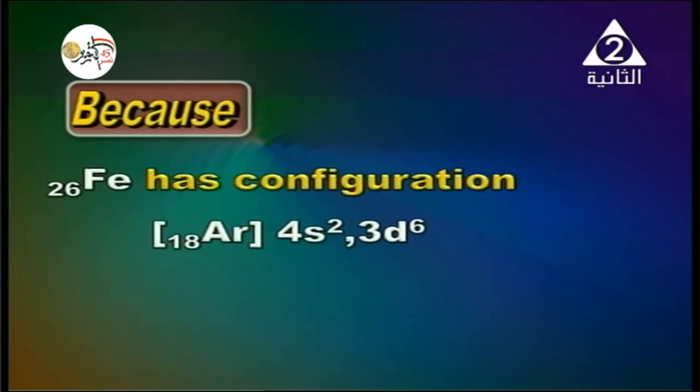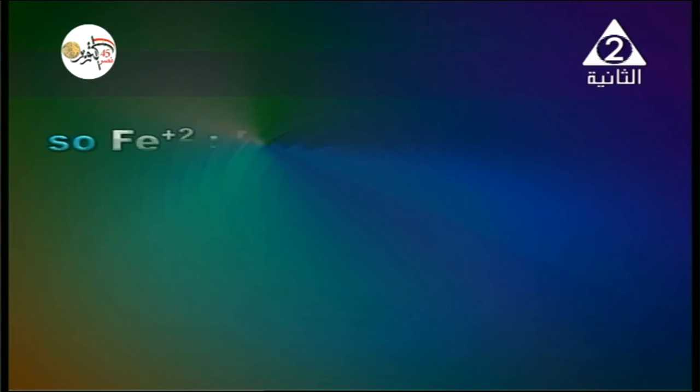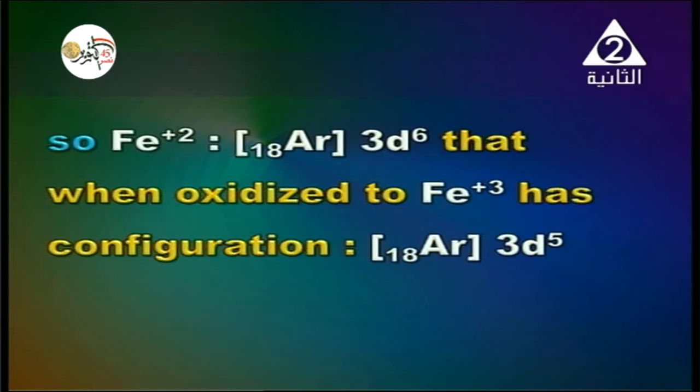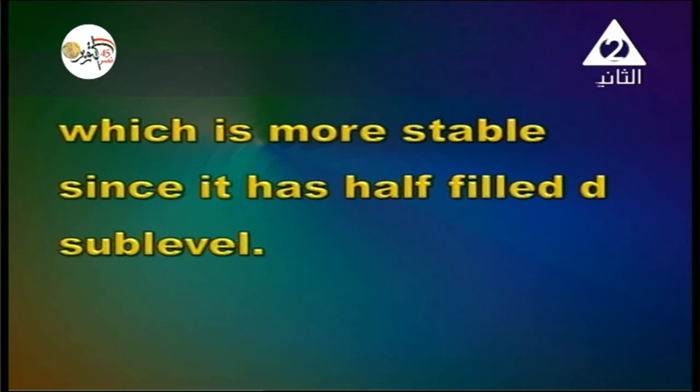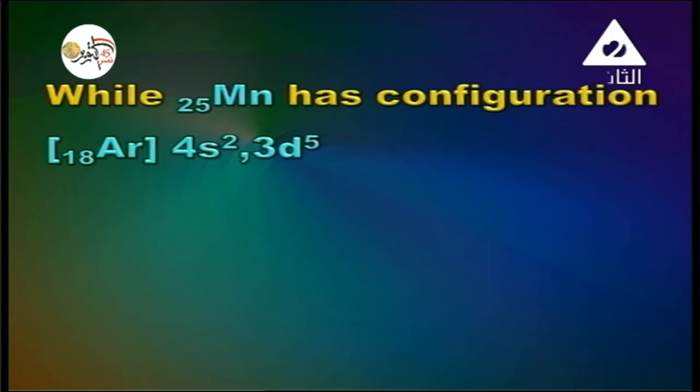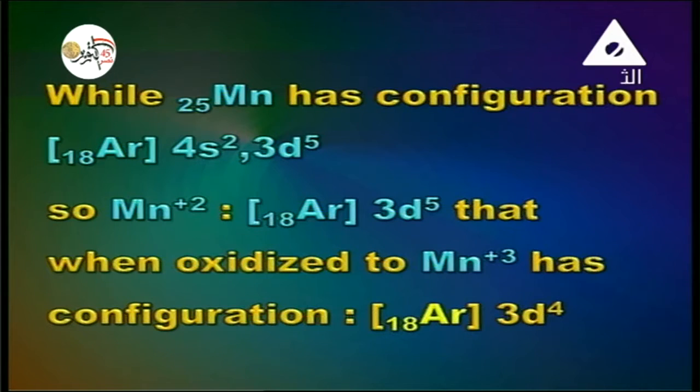The reason for that, because iron has electronic configuration argon 18 4s2 3d6, so iron positive 2 has electronic configuration argon 18 3d6, that when oxidized to iron positive 3 has configuration argon 18 3d5, which is more stable since it has a half-filled d sublevel, while manganese configuration is argon 18 4s2 3d5, so manganese positive 2 is argon 18 3d5, that when oxidized to manganese positive 3 has configuration argon 18 3d4.